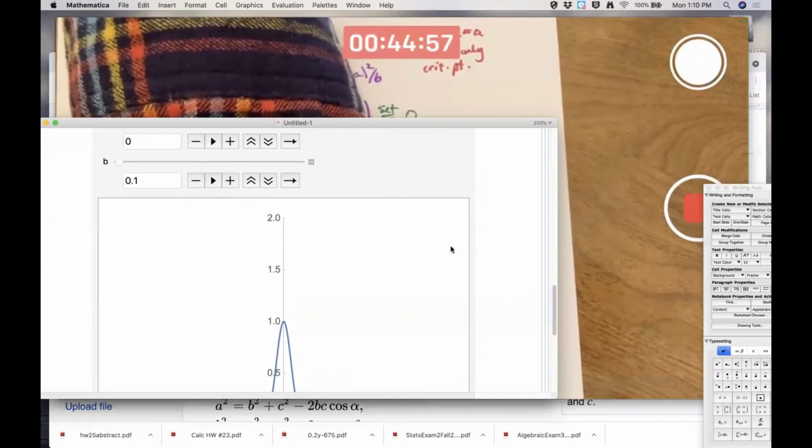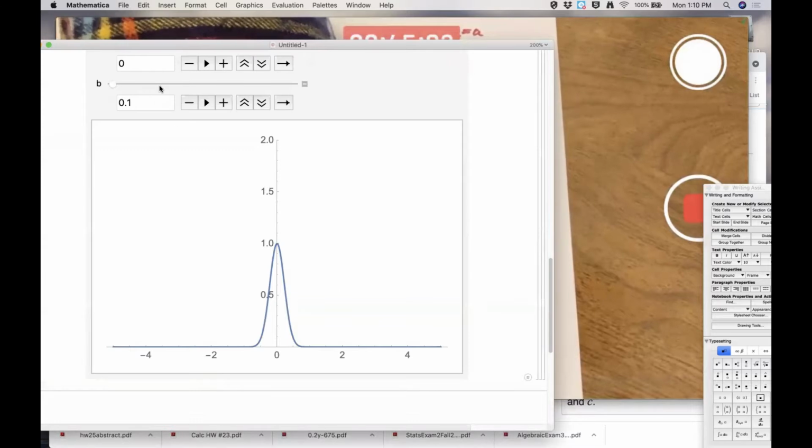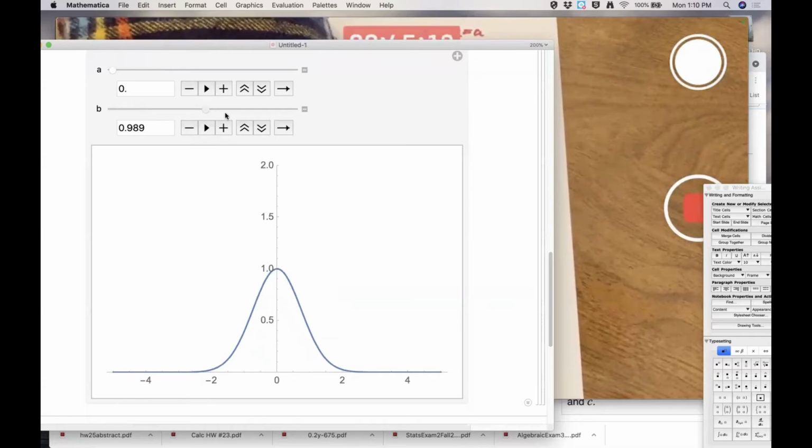As I increase a, the graph is a horizontal translation to the right. If I increase b, the graph gets more spread out. Okay. These things are bell-shaped curves.